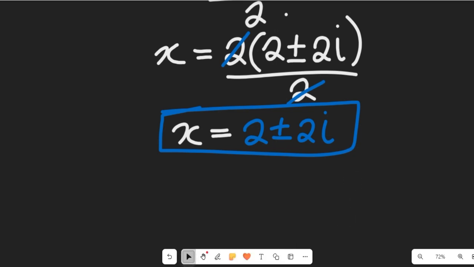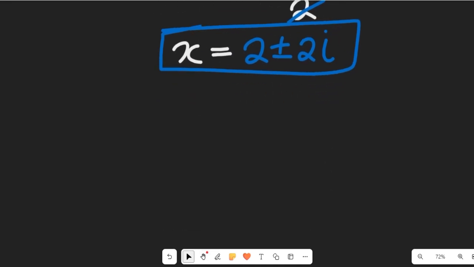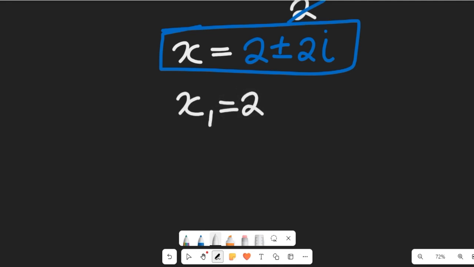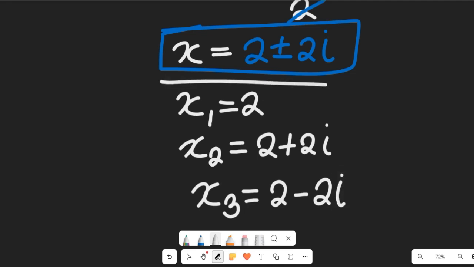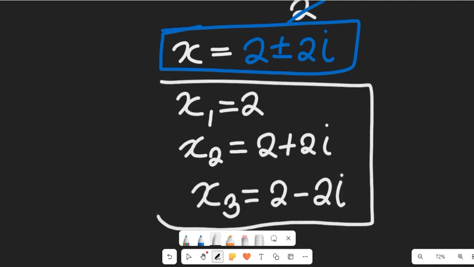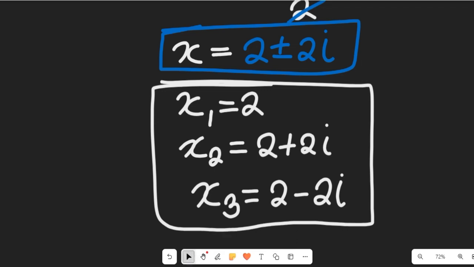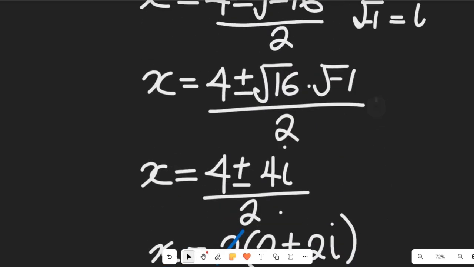So the solutions to this question above are x1 equal to 2, x2 equal to 2 plus 2j, and x3 equal to 2 minus 2j, and all these are the values of x that satisfy that expression given to us up there.